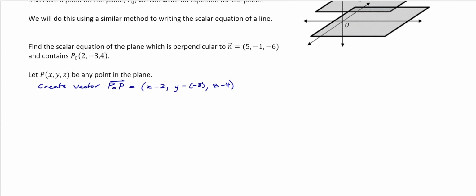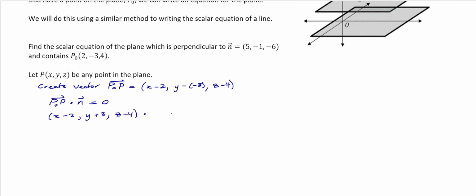What I know is that this vector, P0 P, dot product with the normal vector should be equal to 0. So I'm going to go ahead and fill that in. X minus 2, y plus 3, z minus 4.